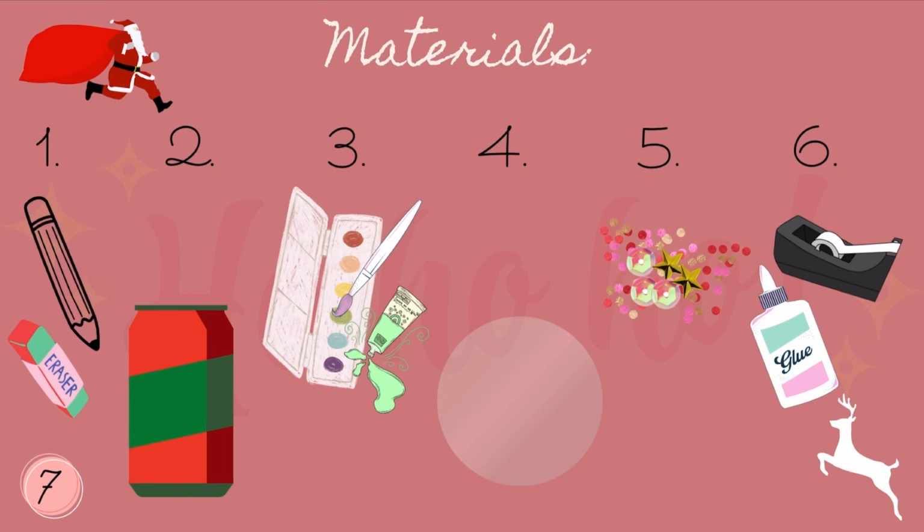You have to cut it to the shape your globe is. And the fifth thing you will need is sequins to make it feel like it's actually snowing. And the sixth thing you will need is tape or glue to stick the shield on the globe.